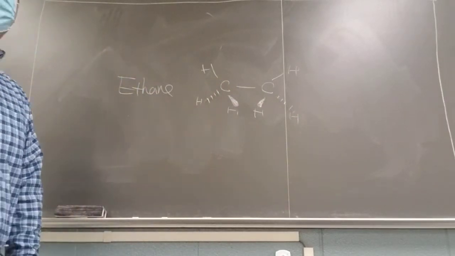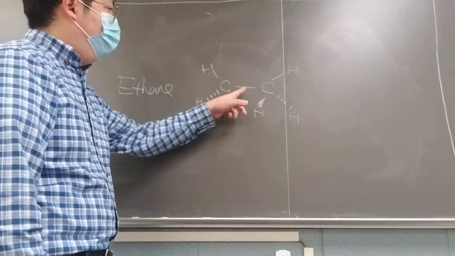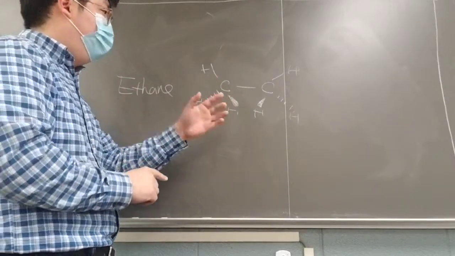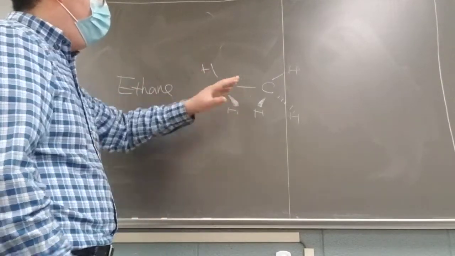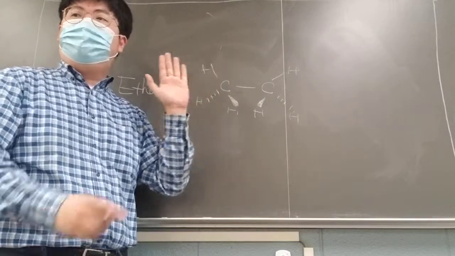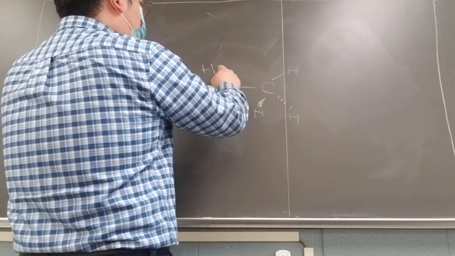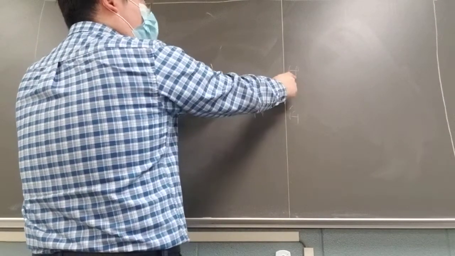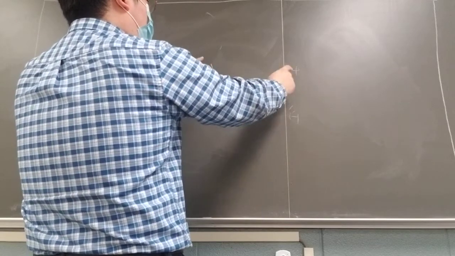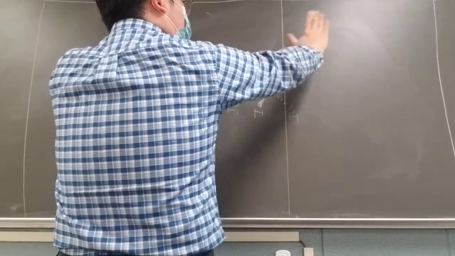Looks like this. If you see a regular line drawn on this board, it's parallel to the board, the 2D plane you're looking at right now. So those two carbon-hydrogen bonds on those two carbons are also on this plane.